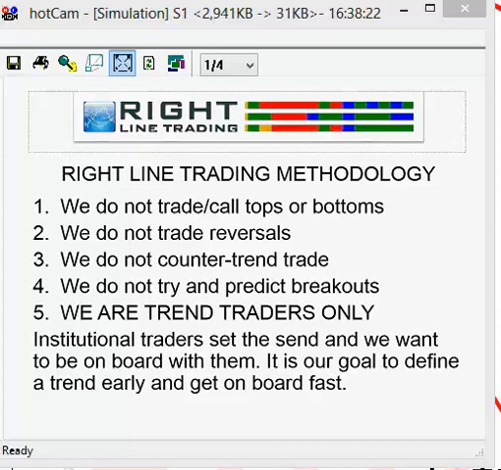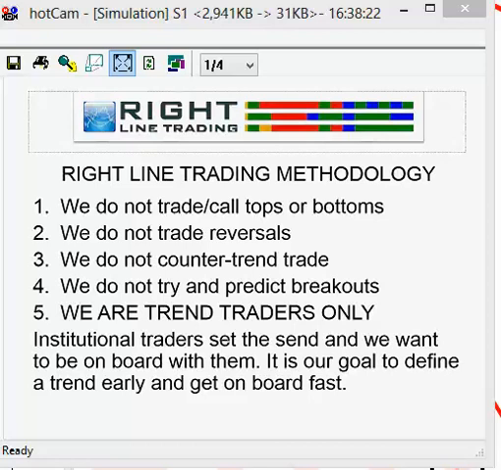So we don't look to trade reversals. And we don't counter trend trade because we believe that institutional money is what defines the trend. And when the institutions create a trend, we want to be on board with that trend. And we don't want to try to counter the big money in a counter trend trade.